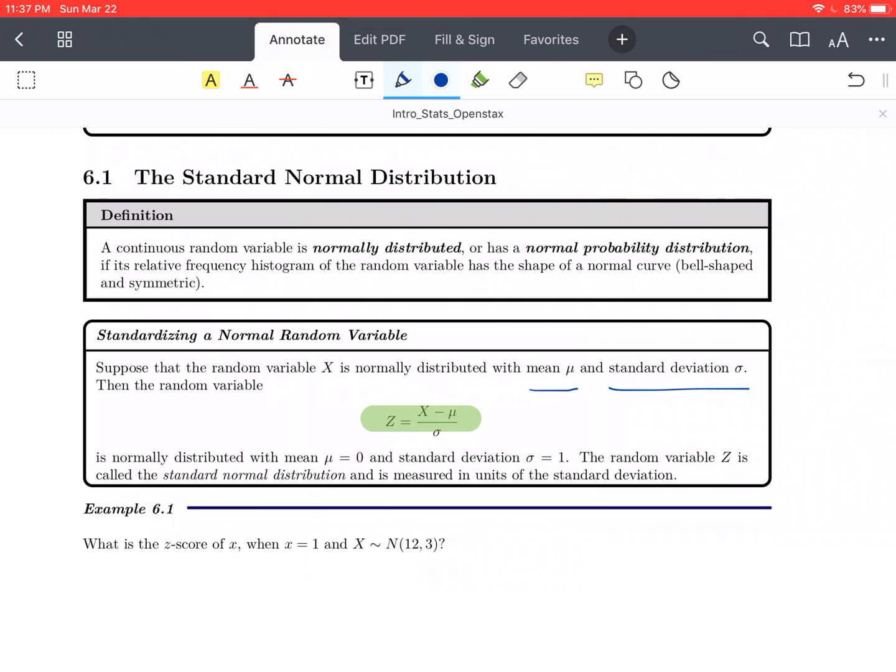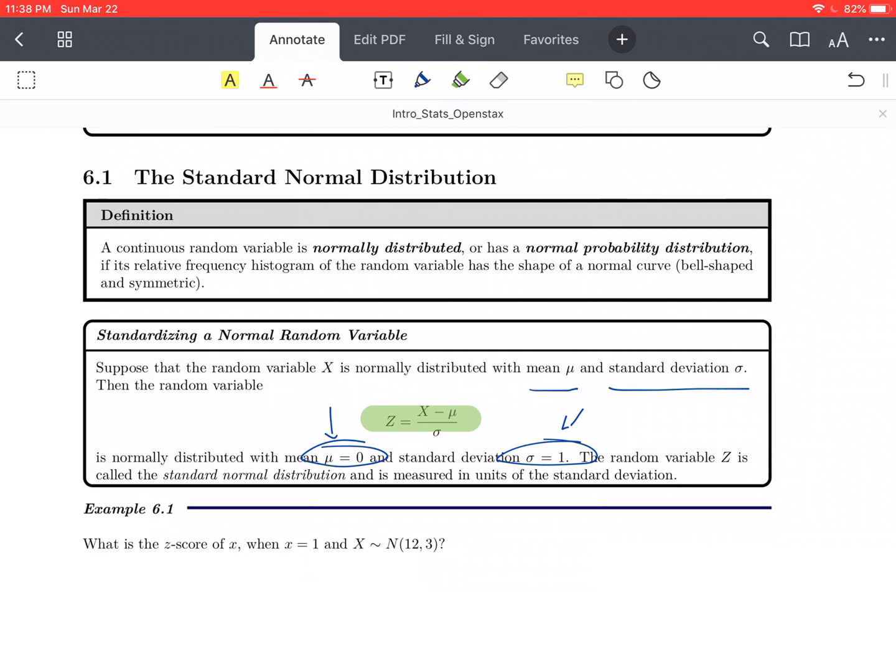This is the normally distributed curve with a mean of 0 and a standard deviation of 1. This is very important because now, regardless of what the data was, regardless of how big, how small it was, if we can standardize a normal random variable, this allows us to work with the data using the same numbers every time on this scale with a mean of 0 and a standard deviation of 1 every time.